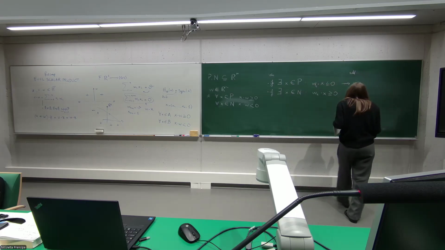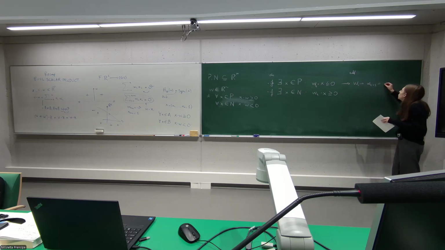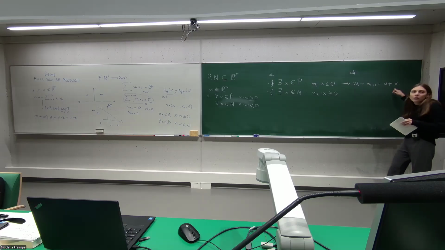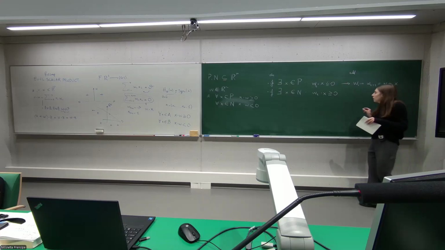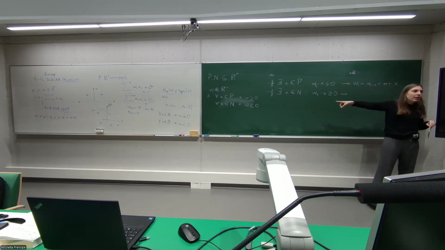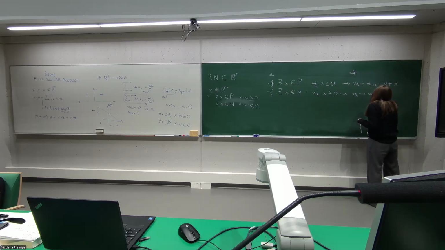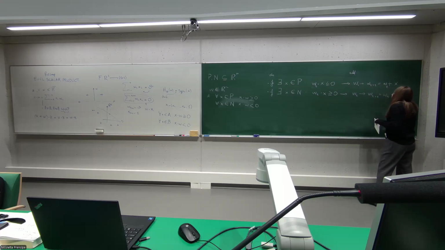I update W, and instead of W_t, I obtain W_{t+1}, which is equal to W_t plus X. Whereas when I'm classifying wrongly some negative, what I do is the contrary: W_t minus X.